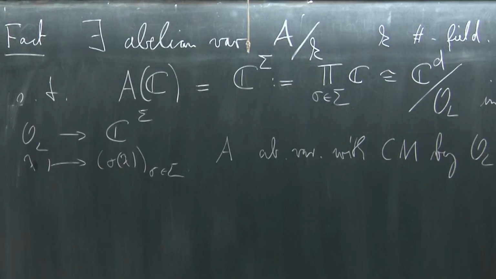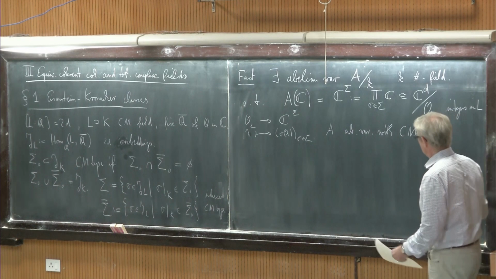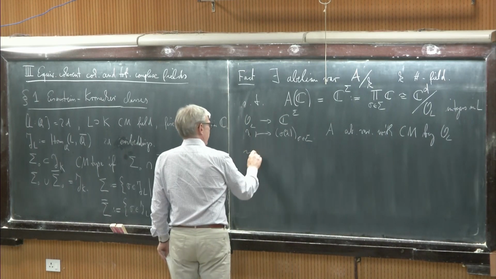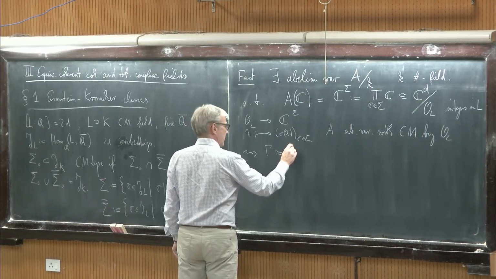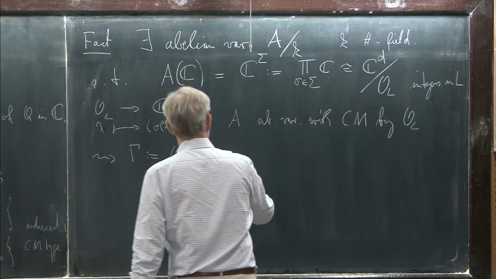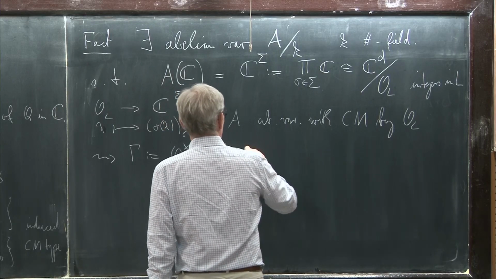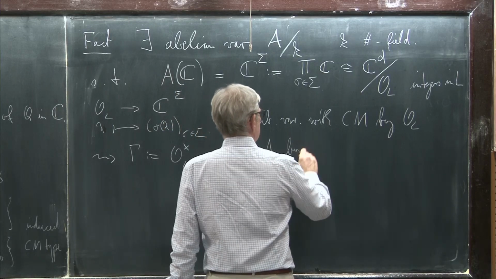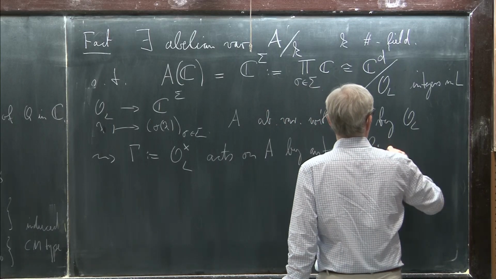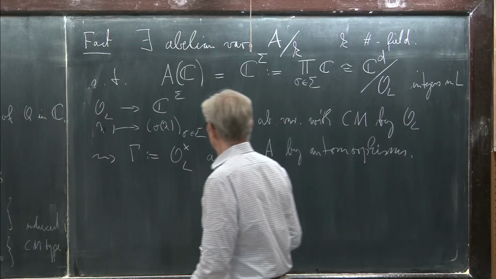This means it has many endomorphisms, and in particular, it has an action by gamma, which I set to be the units in OL, acting on A by automorphisms.